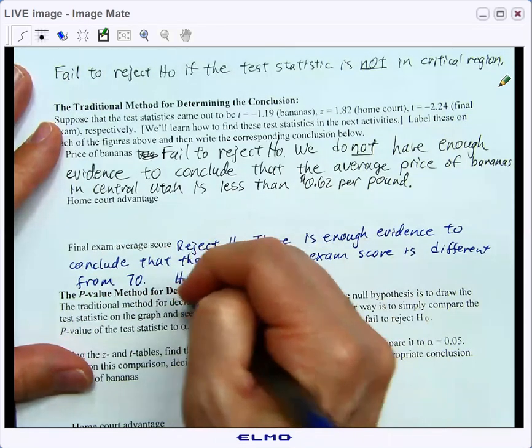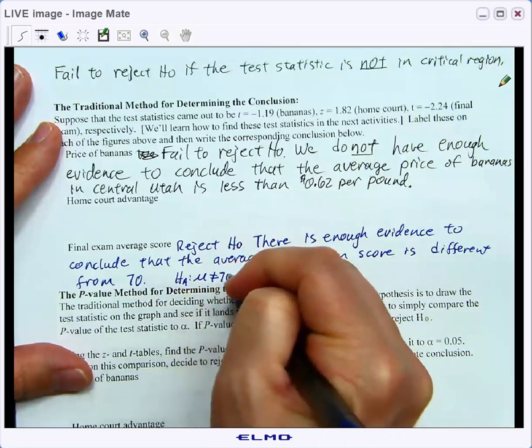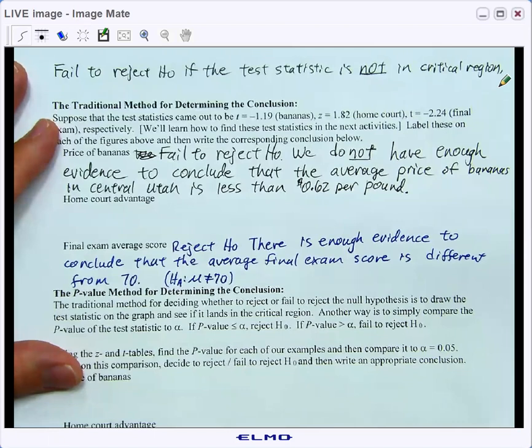So remember that our alternate hypothesis was mu is not equal to 70. We had enough evidence to conclude that. Note that that doesn't mean that we proved it, but that we have enough evidence to believe that.